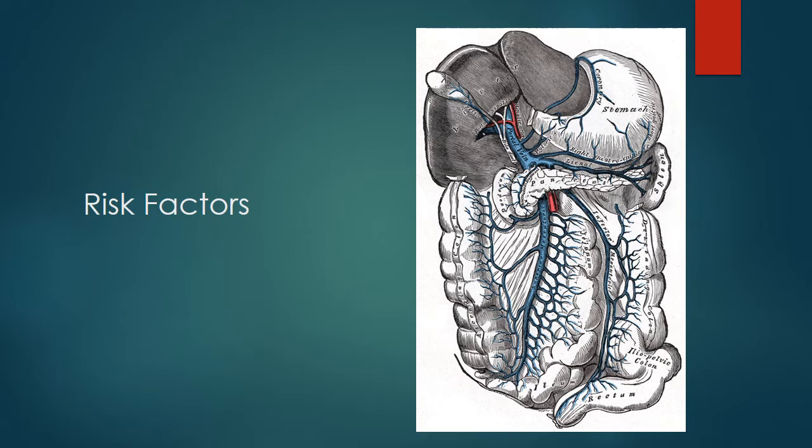Finally, any recent sclerotherapy that was done for esophageal varices places a person at increased risk of developing mesenteric vein thrombosis, in addition to the fact that they already have portal hypertension.